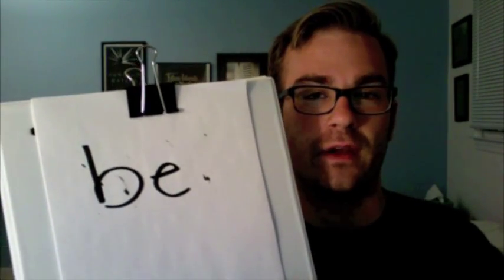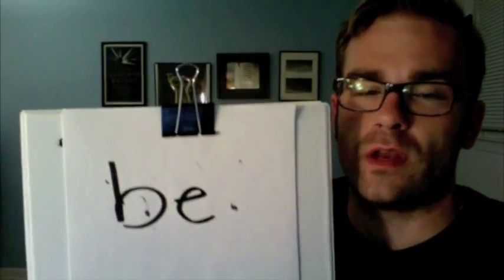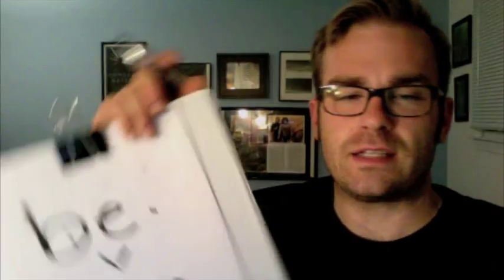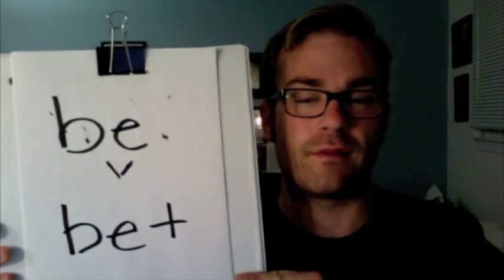What word do I have here? That's right, be. And we know this because the word ends in a vowel. B, E, be. We have an open syllable. But now, if I add a T at the end, what word do we have?